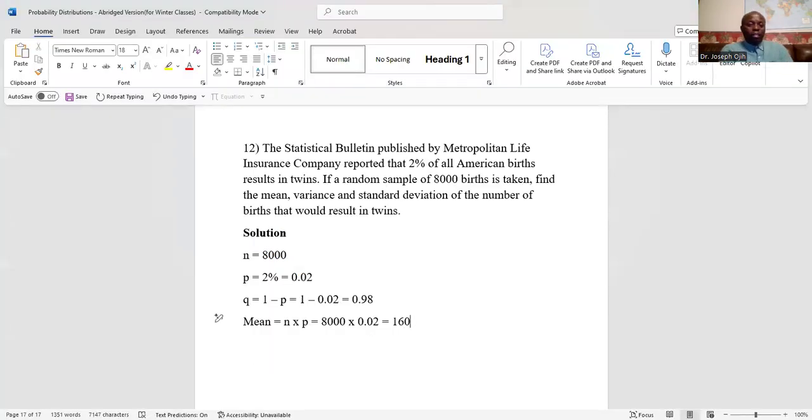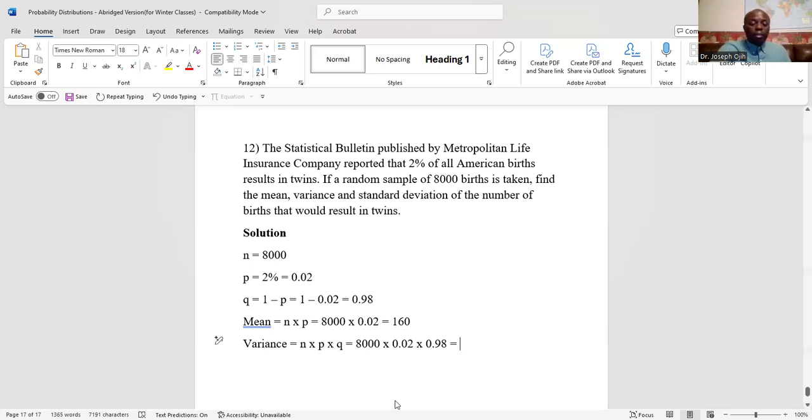Then for the variance, we have n times p times q, which is 8,000 times 0.02 times q, which is 0.98.